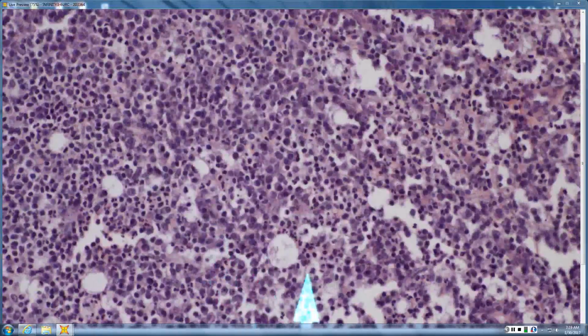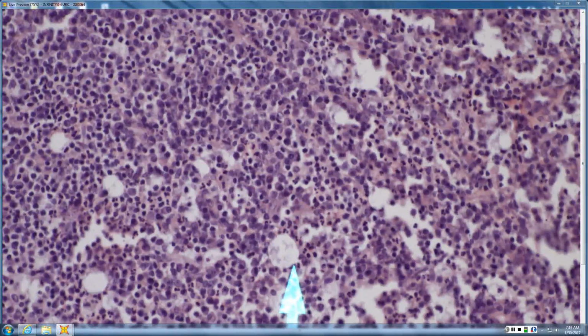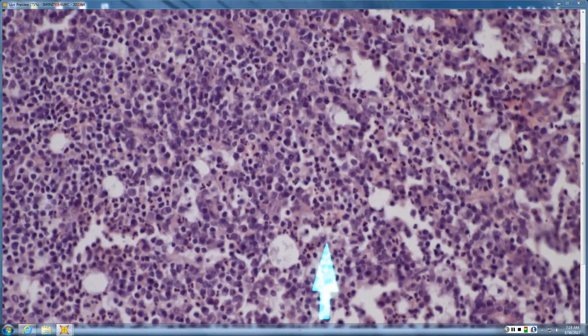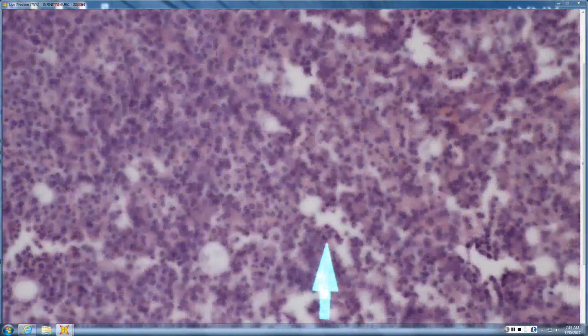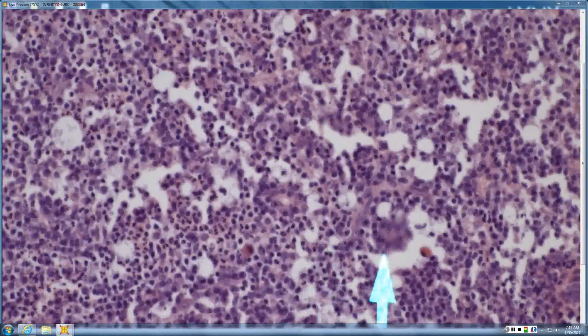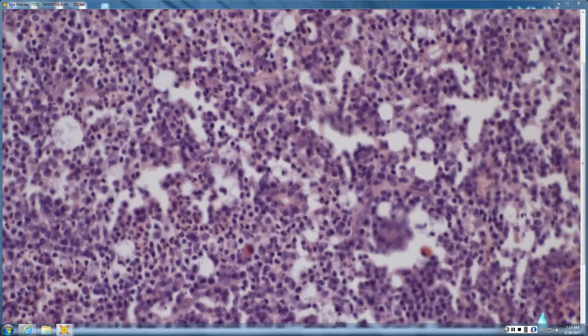And then again, here's a pretty classic Mikulicz cell with organisms within it. But you also start to see Russell bodies, and Russell bodies are these swollen, so-called pregnant plasma cells. Usually they're easy to see in this sea of plasma cells.